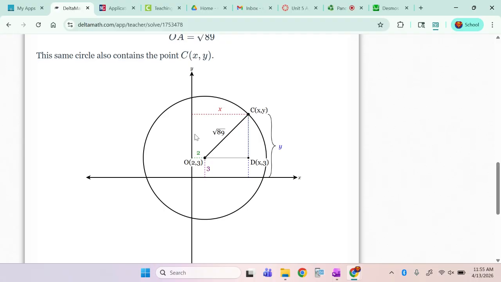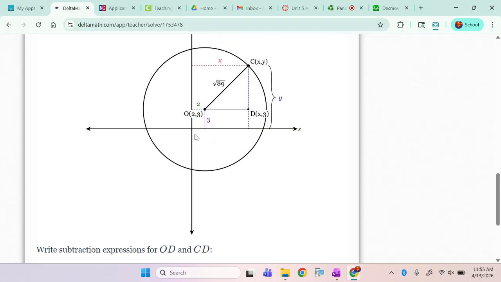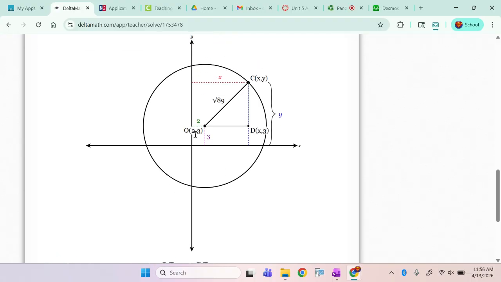Now, back over here, they took away our numbers. We're left with the point on the circle being (x, y). So we have to use the points to write out subtraction expressions for the distances. For my horizontal, what values am I using, x or y? X. So it'll be x and then what?